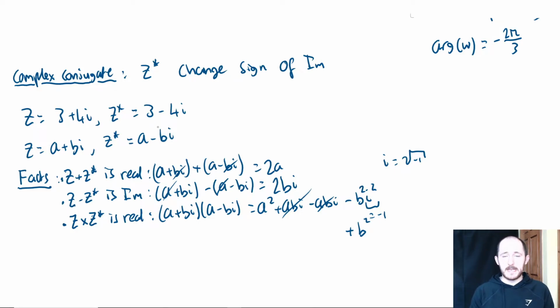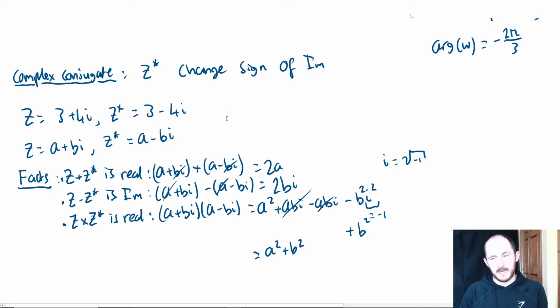So be really careful of that, because it's very easy when you're doing proofs to have a bunch of i squared terms, and it flips the sign, but then it might flip it back because there's a minus in front. If I had plus b squared i squared, it becomes minus b squared. If I have minus b squared i squared, it becomes plus b squared. So it can be a bit tricky to remember to flip the sign. Be very careful about it.